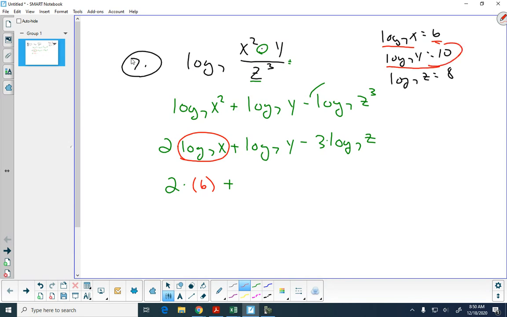Log base 7 of y is given to us as a value of 10 minus 3 times the log base 7 of z, which is given to us as a value of 8. So we have 3 times the value of 8. Dealing with our order of operations, we have 12 here plus 10 minus, and then 3 times 8 is 24. So we have 22 minus 24, which is a value of negative 2.